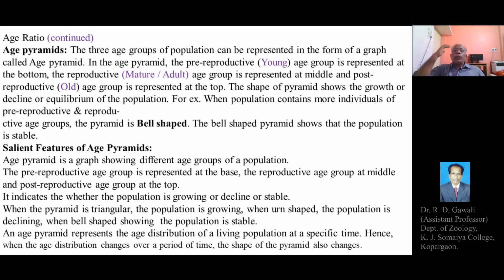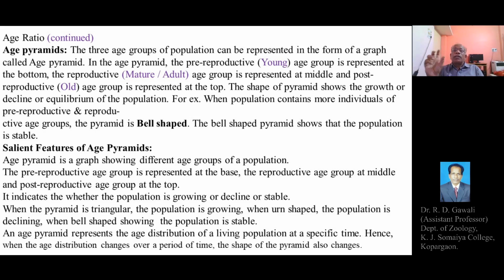For example, listen carefully: when a population contains more individuals of the pre-reproductive and reproductive age groups, the pyramid is bell-shaped. The bell-shaped pyramid shows that the population is stable, or at the level of equilibrium, indicating an equal rate of mortality and natality.